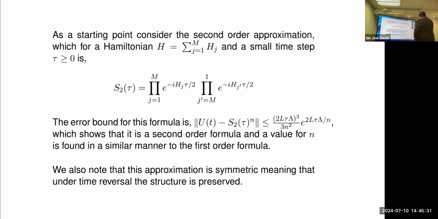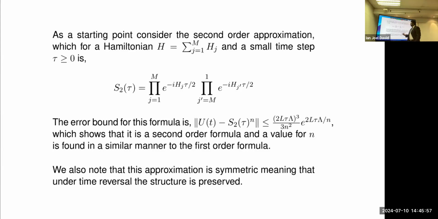As a starting point, let's talk about the second order approximation. So for a Hamiltonian that's given like this, the sum of hj, and a small time step tau, we can write down a product formula that will approximate the time evolution operator to second order. And this is precisely the formula here. We put 2 here because we're saying that this is a second order approximation.